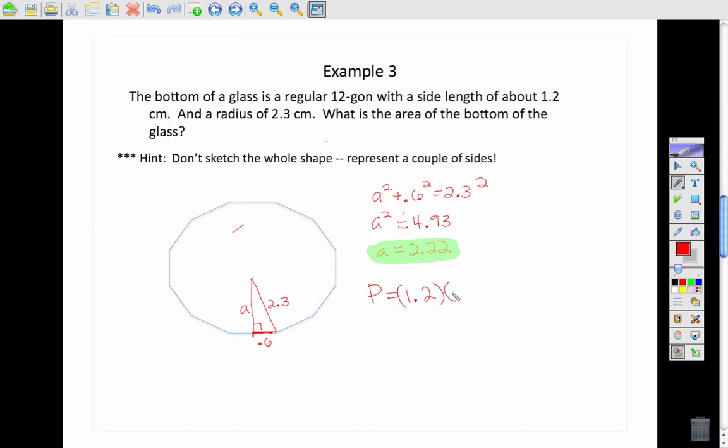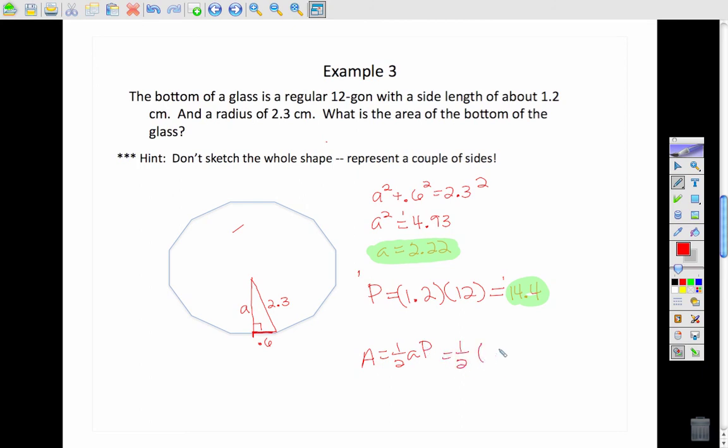So remember, perimeter is just the length of one side, which is 1.2, times the number of sides. And in this case, I have 12 sides. So the perimeter is 14.4. Okay, so that is the other piece that we're going to come back to. And now we just need to use our formula for area.